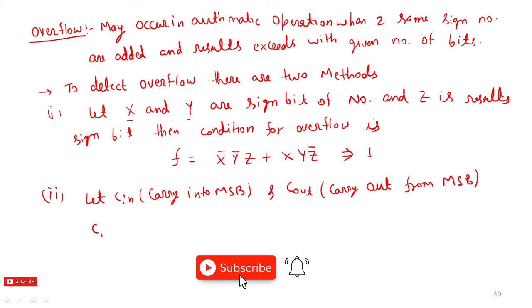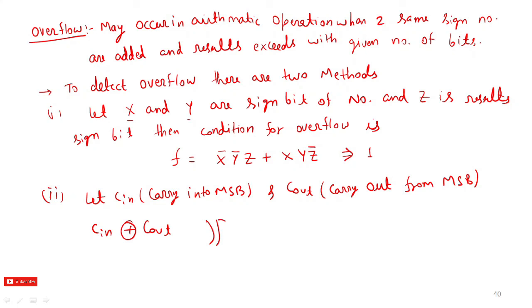So C in XOR C out. If C in and C out are both 1, then it is 0, then no overflow.